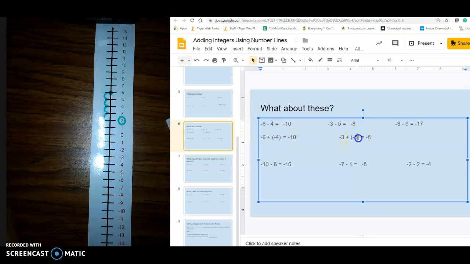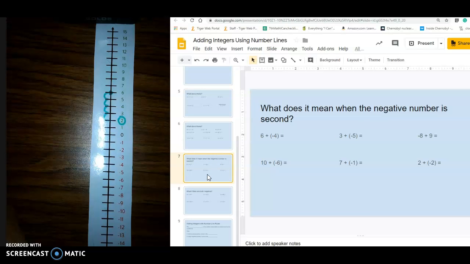Otherwise it would look something like this, and it gets a little jumbled in there. Even if I try to add in some spaces, it can look a little crowded and you can miss that negative sign. So they use those parentheses simply to separate the addition sign and the negative sign.